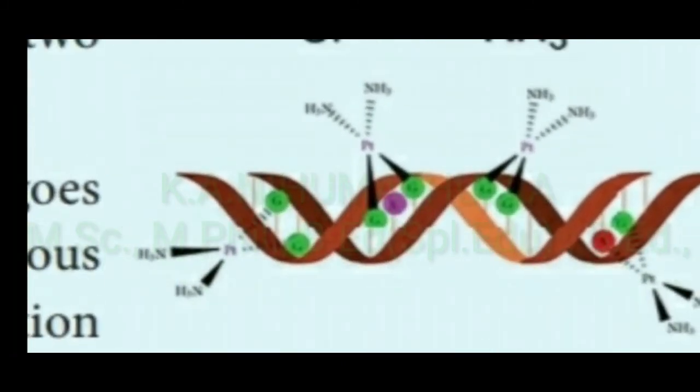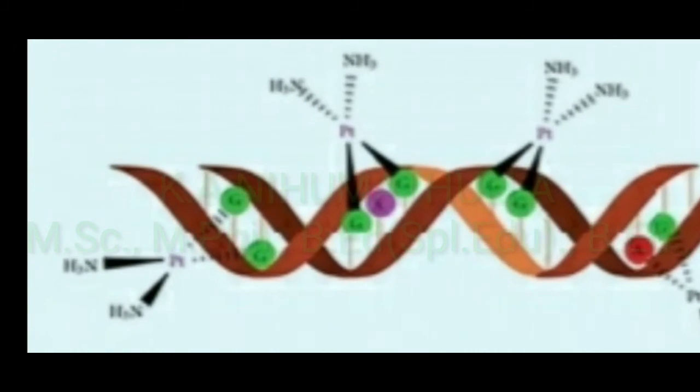In cisplatin, the two amines are pointing towards outside, and the two chlorines, indicated by the green balls, form a cross link between the two helices of the DNA.